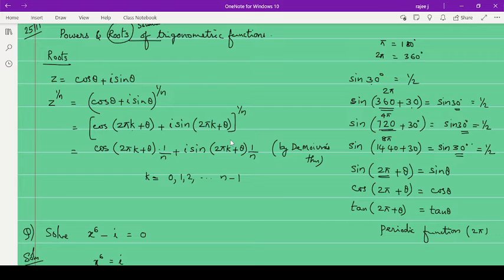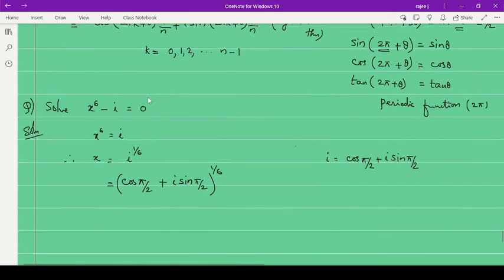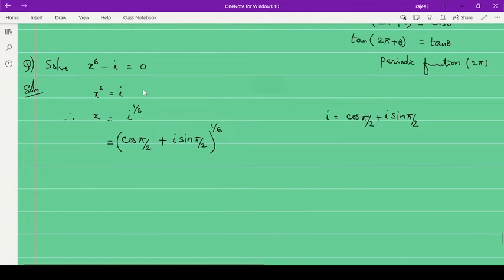Then what we do is add 2 pi k with the angle. Here the angle is pi by 2, so just add 2 pi k with this. So cos of 2 pi k plus pi by 2 plus i sin of 2 pi k plus pi by 2, the whole raised to 1 by 6.